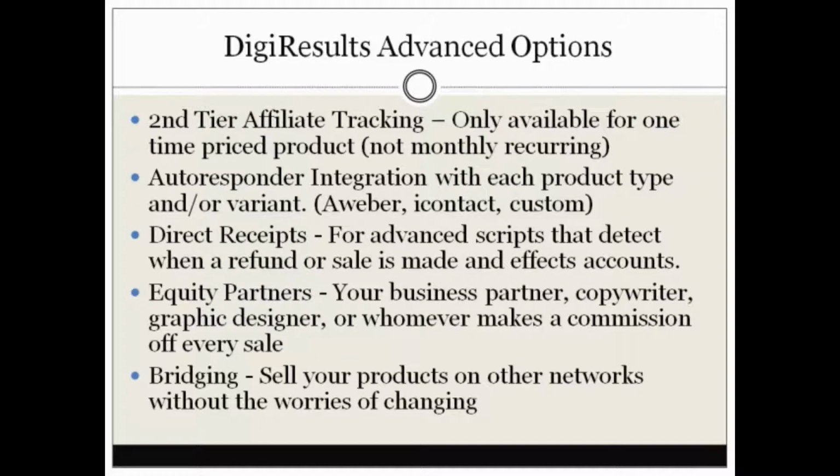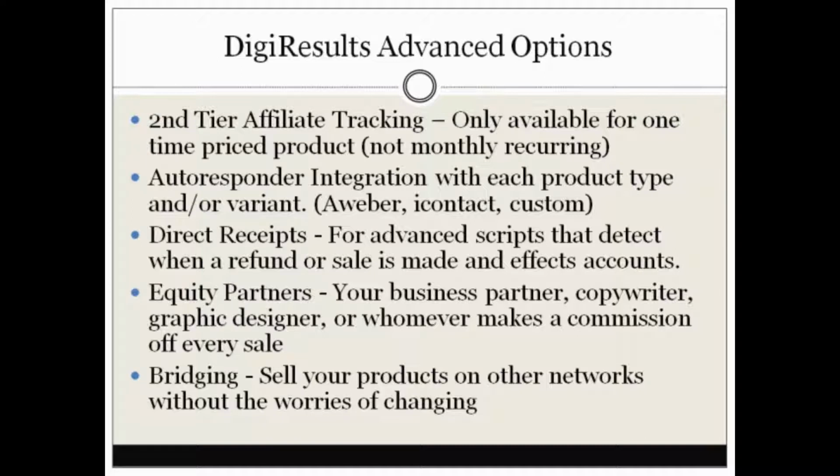And of course, DigiResults has bridging, which is one of the more advanced options. I'll say that most sites do not have this type of option, which is really good part of DigiResults. But basically, bridging is selling your products on other networks without the worries of changing your other networks.